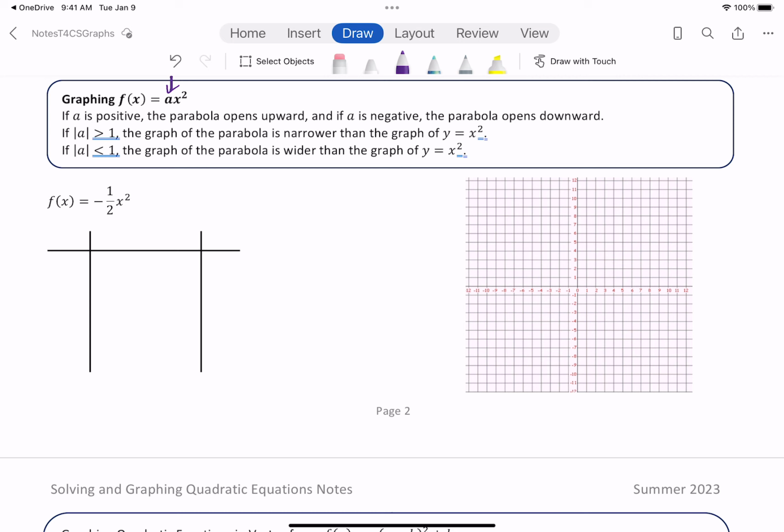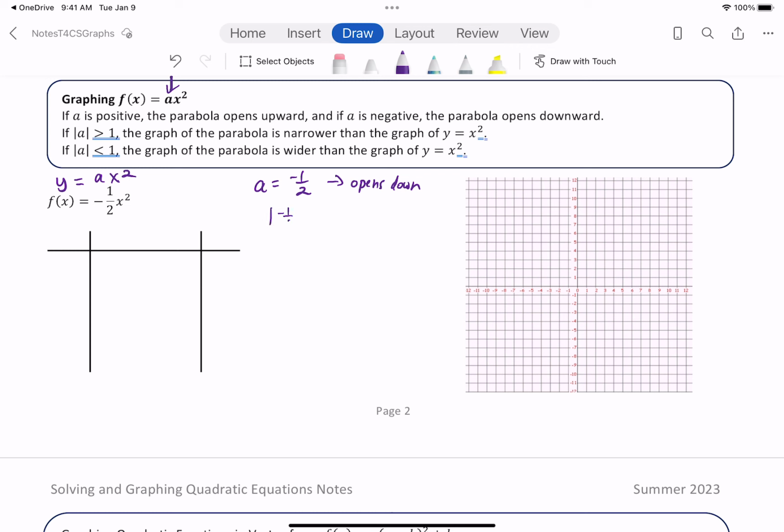So for this problem, if you look at it in terms of the general equation, I can see that my a is negative 1/2. That's the number in front of the squared term. So since the a is negative, it means that my parabola is going to open down.